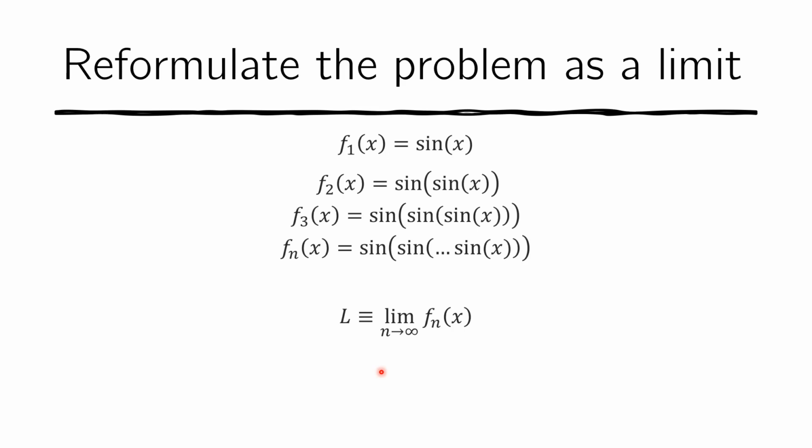And we can now recursively define our function f sub n of x. f sub 1 of x, the first term, is sine of x, and then f sub n of x is just the sine of the previous term, and we see that here, right? f sub 3 of x is just the sine of f sub 2 of x, which is the sine of the sine of x.